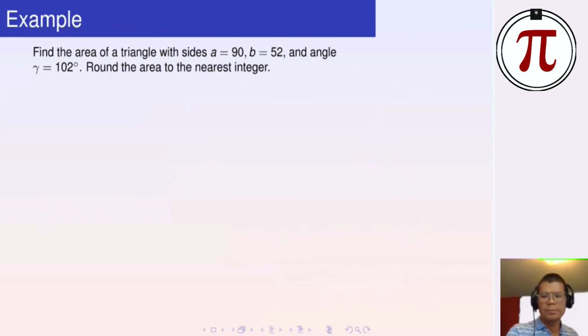Mustafa, can you read for us, please? Find the area of a triangle with sides a equals 90, b equals 52, and angle gamma is 102 degrees. Round the area to the nearest integer.